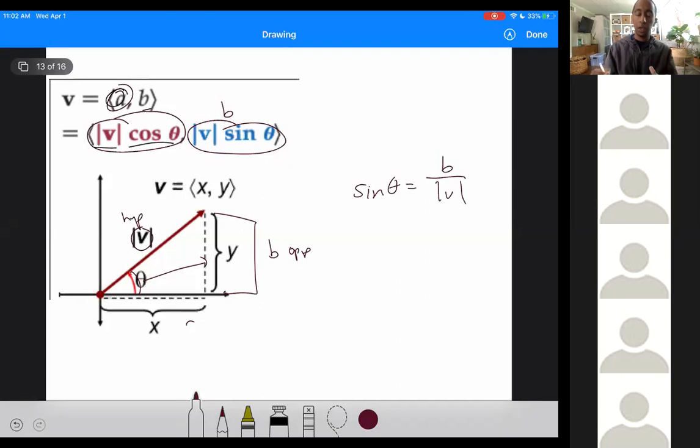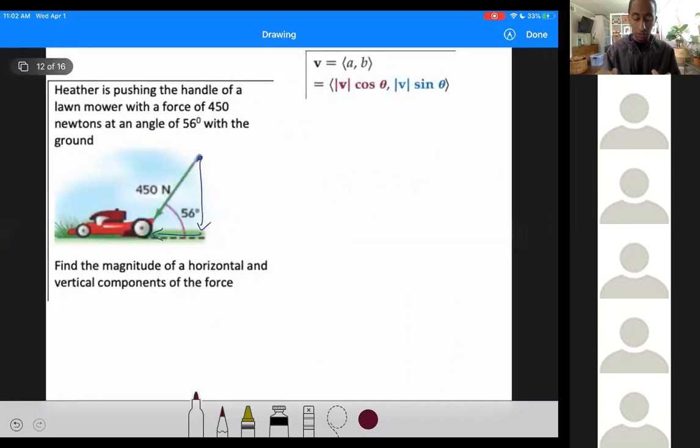And the same thing happens when you solve, you multiply by the magnitude, you get magnitude times sine of the angle equals B, which is why B is magnitude times sine of the angle. So that's just where those formulas are coming from. It's just using regular trig to find A and B, okay? So you would have to know that formula: magnitude times cosine of the angle, magnitude times sine of the angle to find A and B.